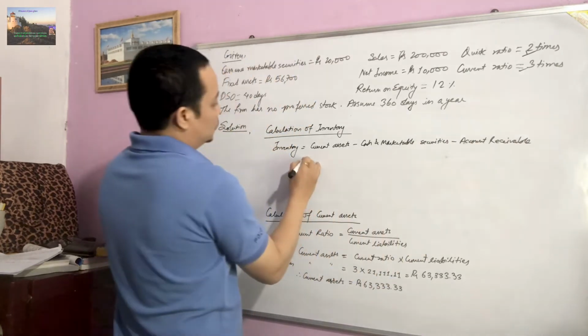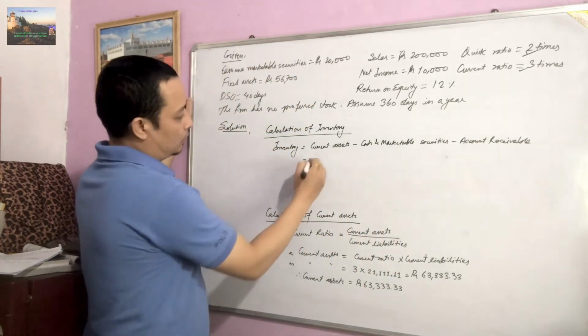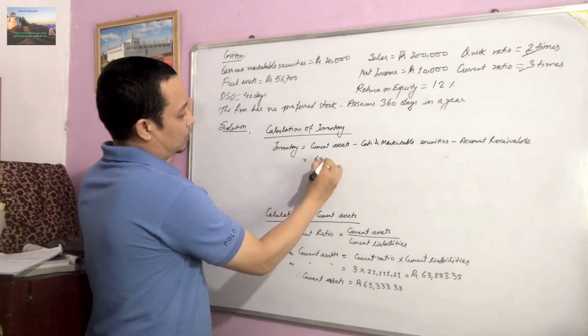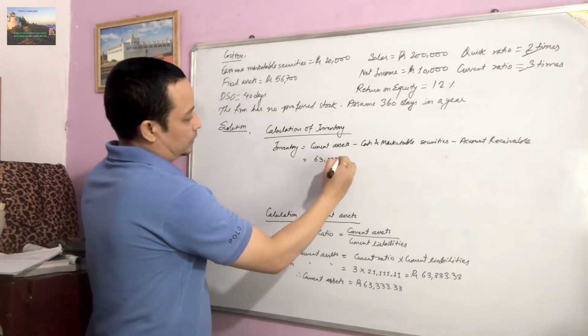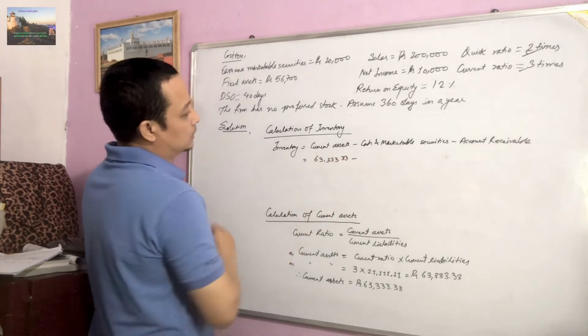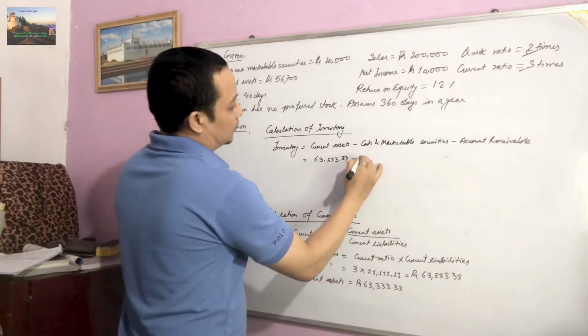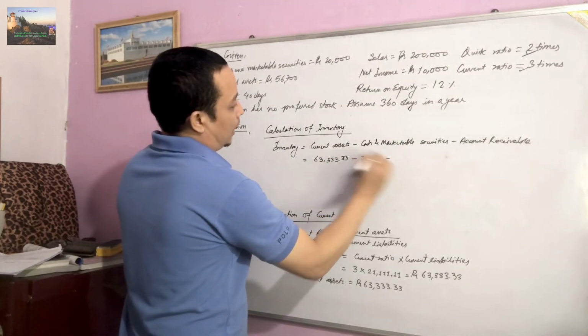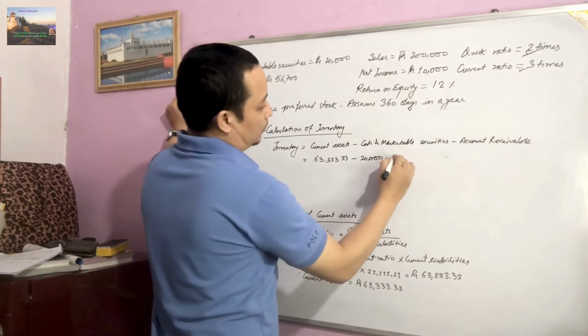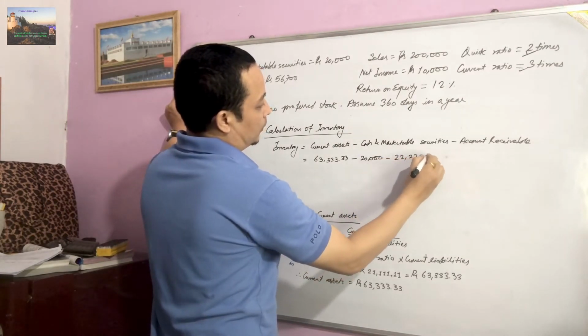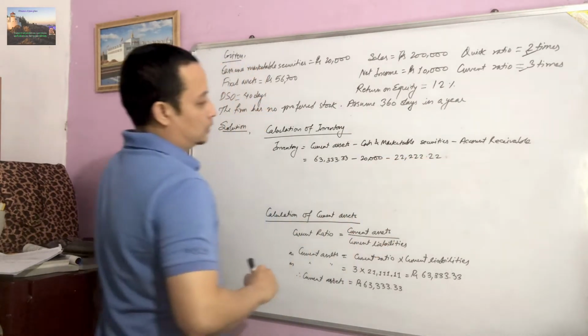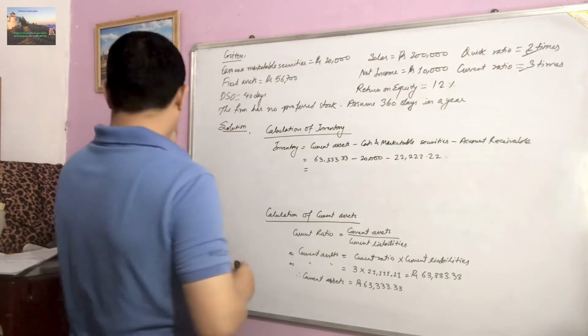Okay, so current assets you have already found: 63,333.33, minus cash and marketable securities 20,000, and then account receivable 22,222.22. Now you have to subtract to get the inventory.